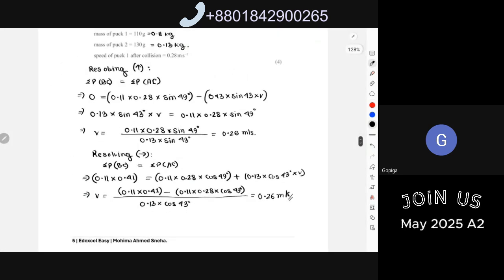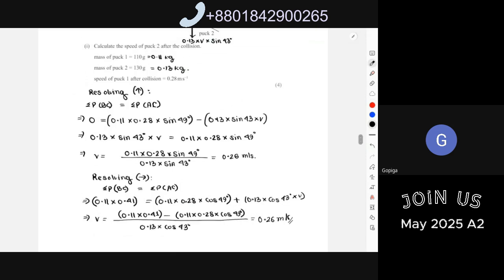Now you can choose any one of the methods, either horizontal component or vertical component. Which one is easier for you?